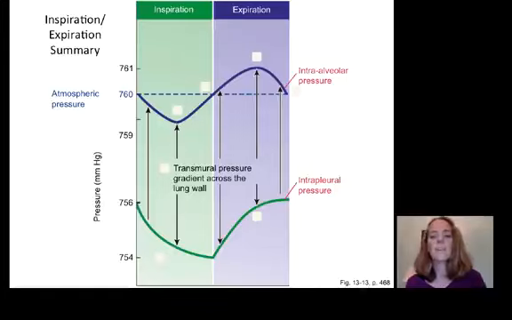Then during expiration, the volume of the chest cavity returns and even compresses further, and that causes the pressure in the alveoli to go up and air to move out. The transmural pressure gradient should then stay always at least 4 below the atmosphere and the alveoli to make sure that the lungs are following the chest cavity.